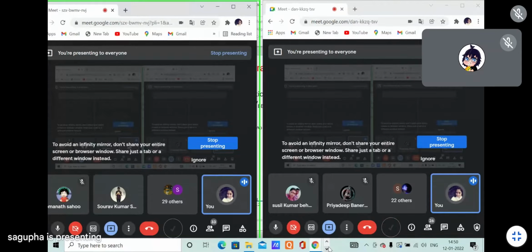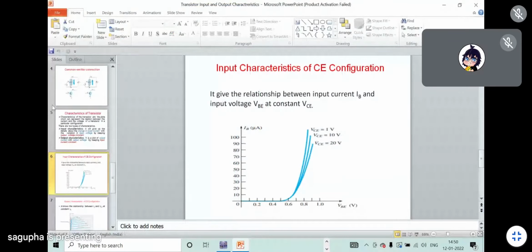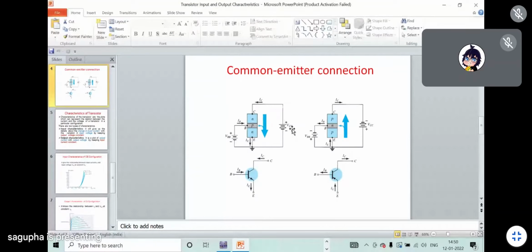Basically, what happens in the output side, you are giving a reverse bias, yes or no? Yes, in the output side, you are giving reverse bias to the transistor or not? As you are giving the reverse bias, what happens to your depletion region?